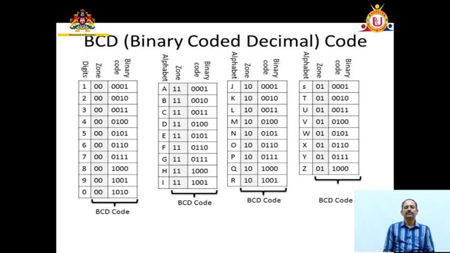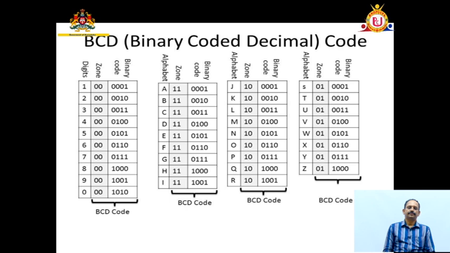You can see that. Whereas the alphabets starting from A to Z are represented in 6-bit BCD code using the zone bits 11, 10 and 01.